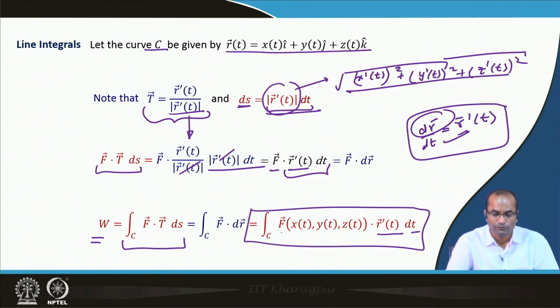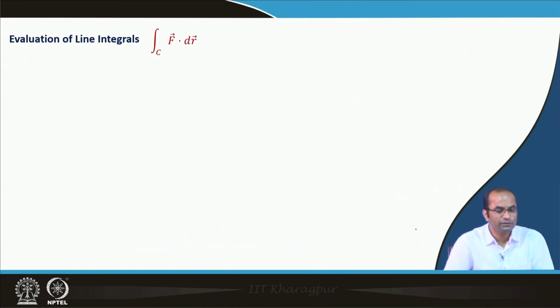So, this is the simplest form of the evaluation. We will substitute in f the parametric form x(t), y(t), z(t), and r prime t will be evaluated. The dot product will be integrated over dt, the single integral which we have learnt, and t will vary, for instance from a to b, depending on the problem. Let us continue now with the evaluation part. There are two ways one can evaluate this.